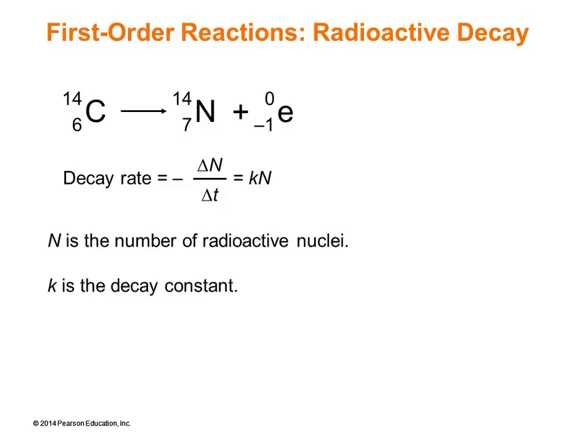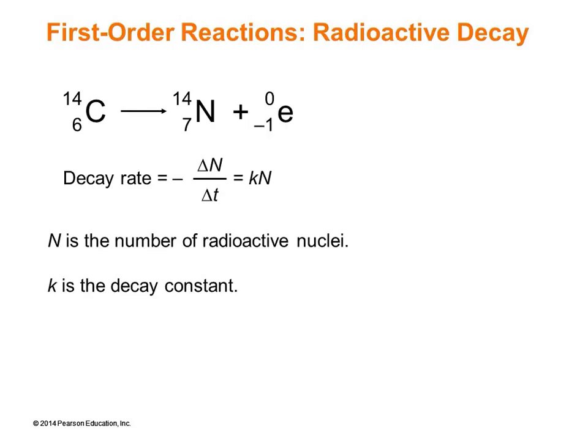Real quickly, we want to look at first order reactions in the context of radioactive decay. Really, there's nothing new here except for some terminology. First, they like to use the term decay rate when they're talking about radioactive decay. And that radioactive decay rate is equal to the change in the number of radioactive nuclei divided by the change in time.